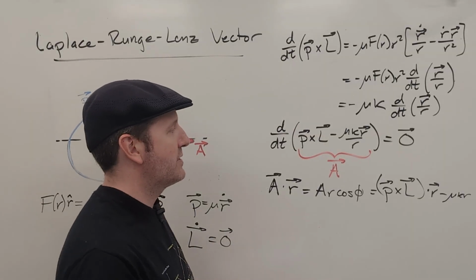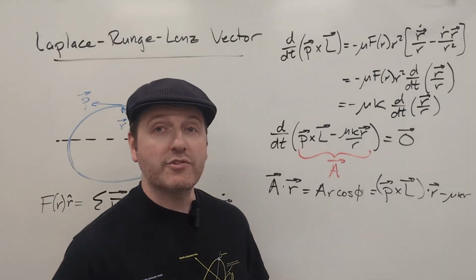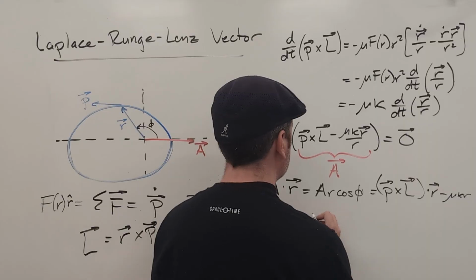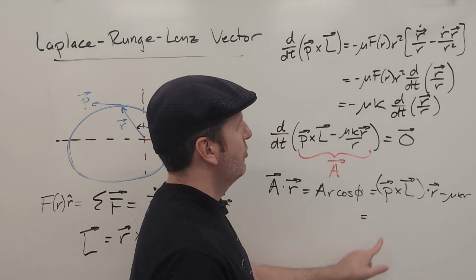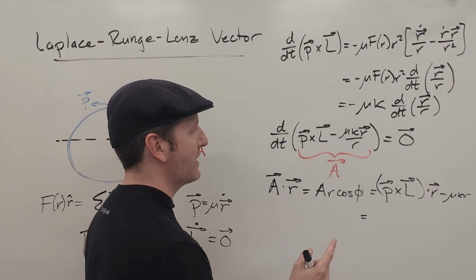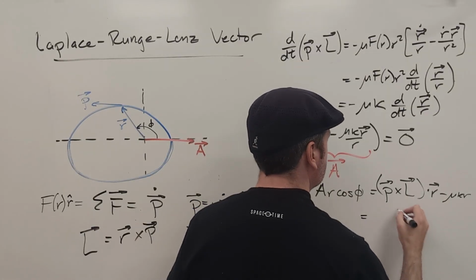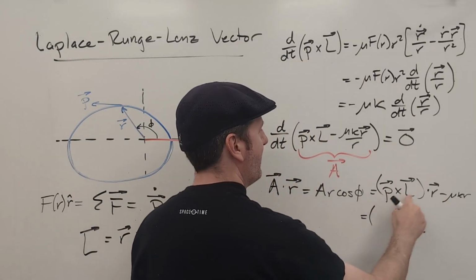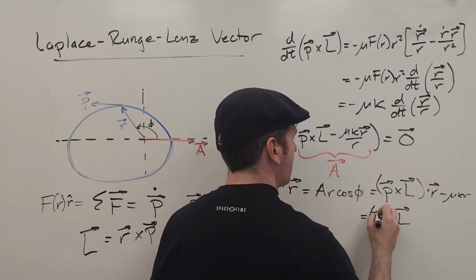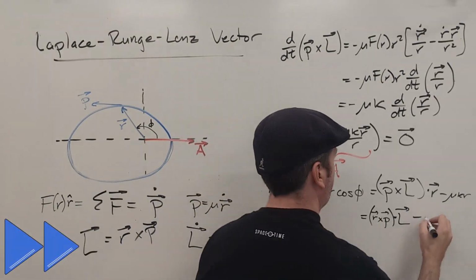And one nice thing about the scalar triple product is it is equal under cyclic permutation. So what I can do here is replace this with something else, but we have to keep the cyclicality correct. So if I move the L to the end as the dot product, and then the P moves to where the L was, and the r comes to the front in the cross product, that's totally valid as well.